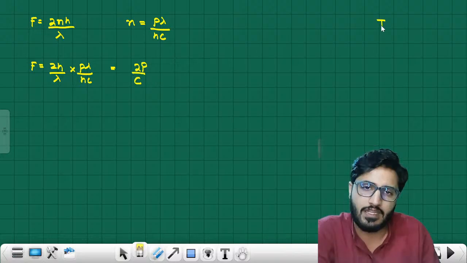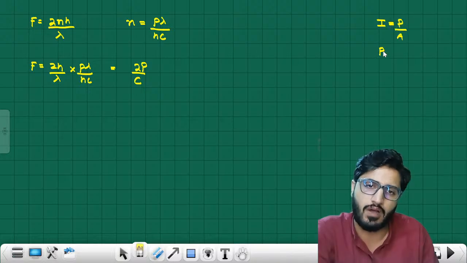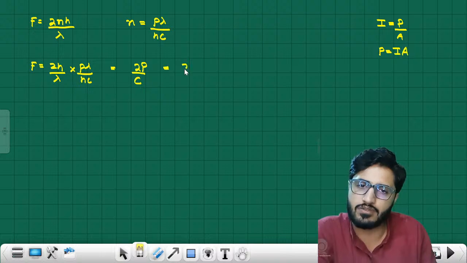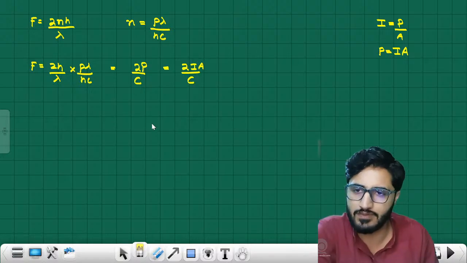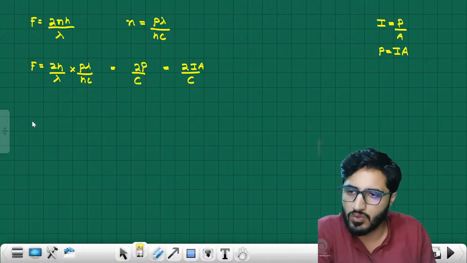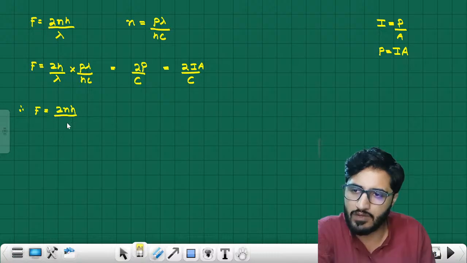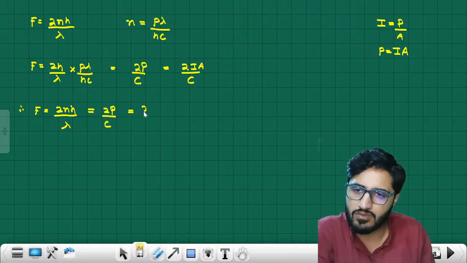And intensity. Intensity is equal to power by area. So power came out to be intensity into area. So I will write here it is 2IA divided by C. So at the end, the final answer that you need to remember, that force is equal to 2nh whole divided by lambda, equal to 2p by c, which is equal to 2IA by c.